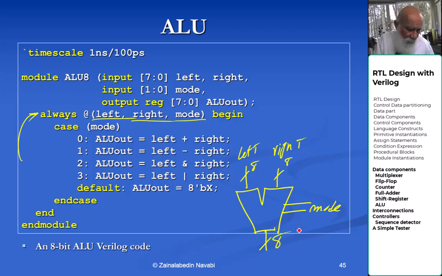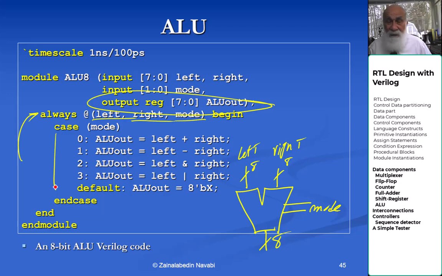All right, what else to be said about this? Well, the output is reg, and it is an 8-bit vector, and it is declared reg because I'm using it inside an always statement on the left hand side.